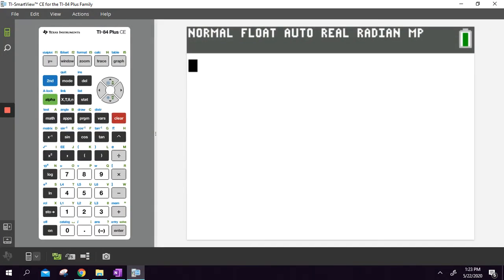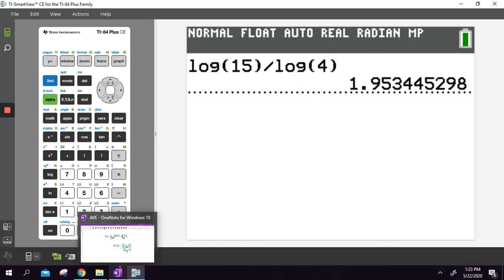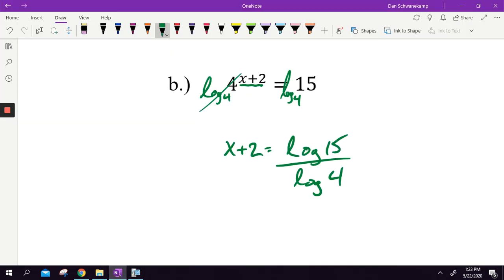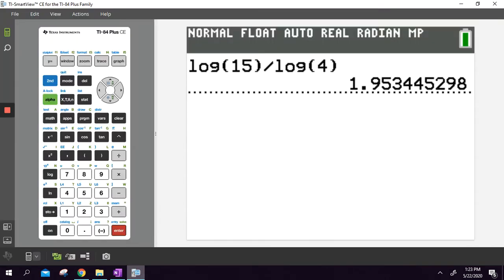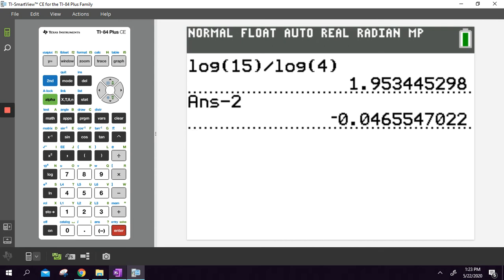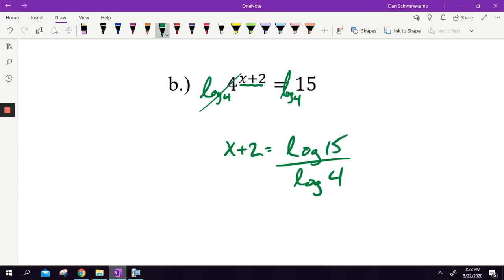So in my calculator, I'm going to take the log of 15 divided by the log of 4. That is not my answer because x plus 2 equals that. So what do I need to do? I'm going to subtract 2 from that answer, and it's going to get me my real answer, negative 0.047. That's what x is going to be here.